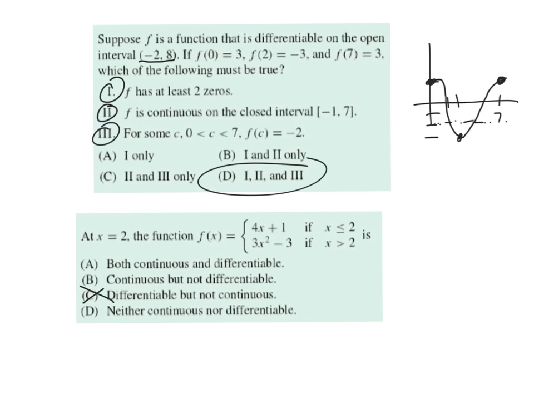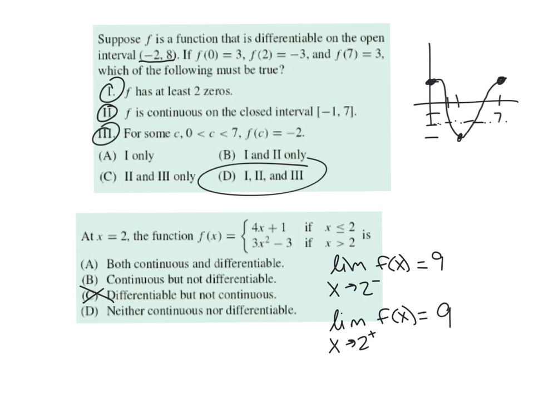Does the limit from the left equal the limit from the right? So the limit as x approaches 2 from the left, so that's the top function, is 9. And then the limit as x approaches 2 from the right of f of x is 3 times 4 minus 3 is 9. So that's correct. So it is continuous. So it's not D.